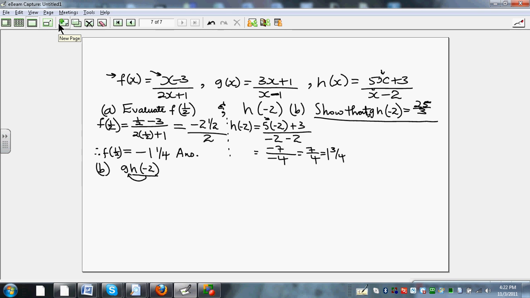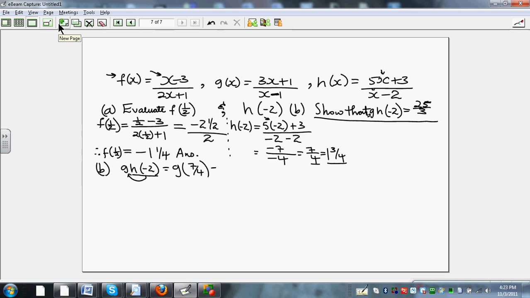So we know h of minus 2 is 7 over 4 or 1.75. I will use that here because gh of minus 2 will be the same thing as g of whatever h of minus 2 worked out to be. So I'll just use the 7 over 4 in this example. So gh of minus 2 is g of 7 over 4.